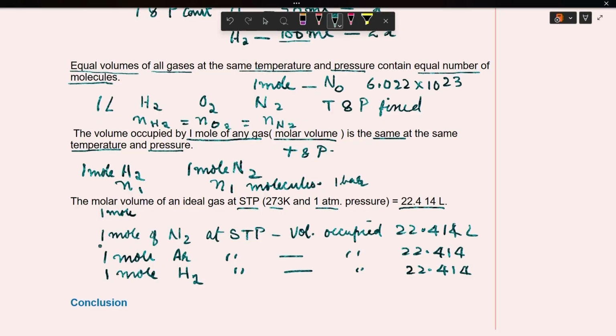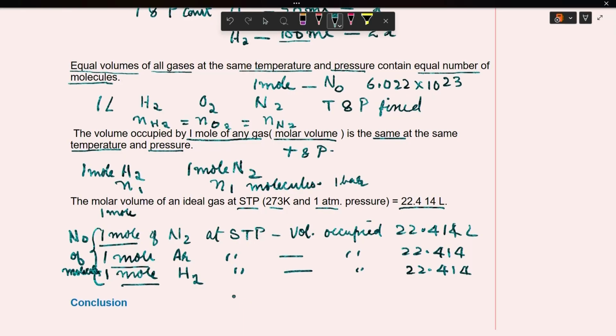So, you will have to be conscious, it is 1 mole, it is not molecule, and this 1 mole means it contains Avogadro number of molecules, N0 of molecules. One more clarification, when I say number of molecules, it can be 2 types, that is why I have taken different examples.